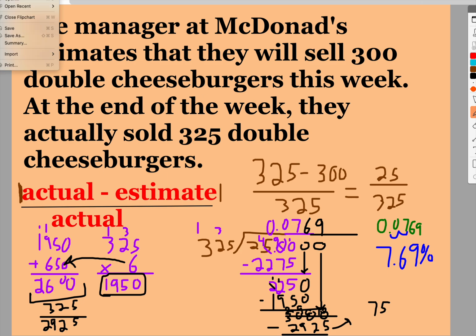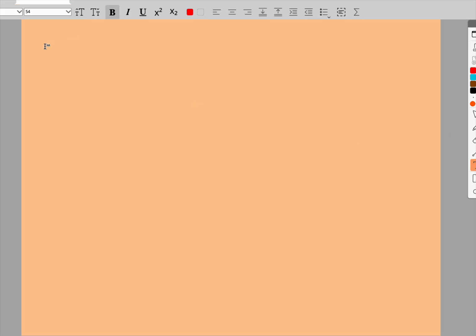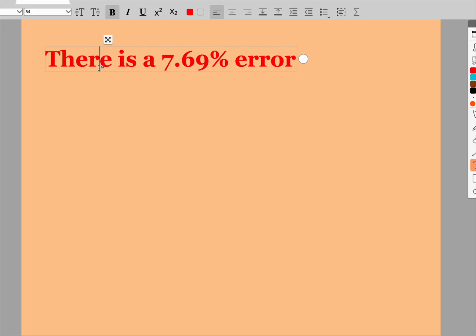I'm going to make a new page. We're going to think about exactly that number there. Let's clear this, 7.69%. So I'm going to say there is a 7.69% error.